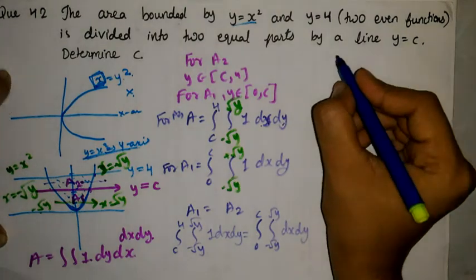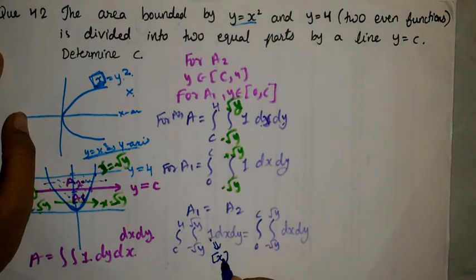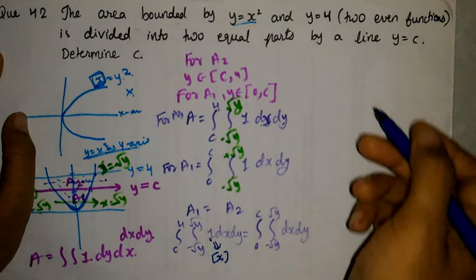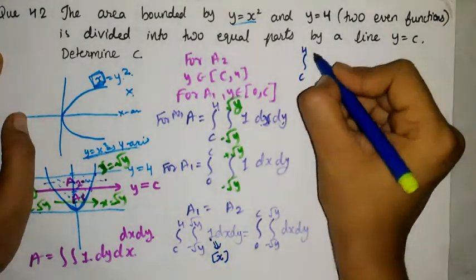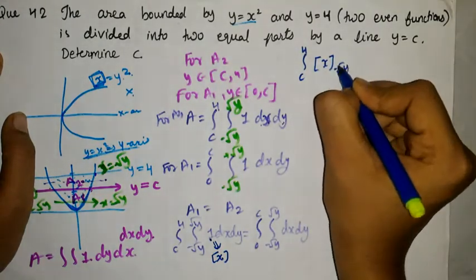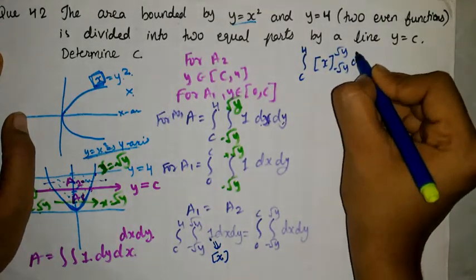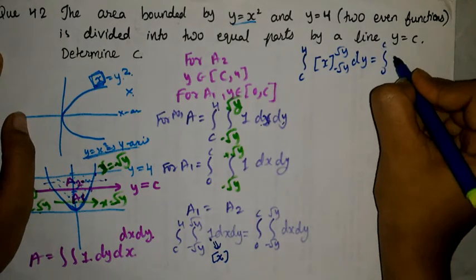So now integration of 1 with respect to dx is x, limited from minus root y to root y, and dy.